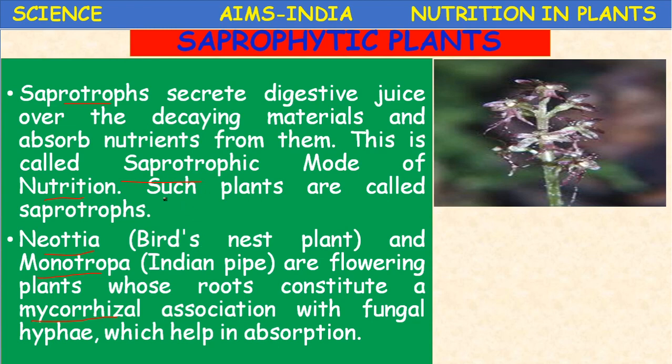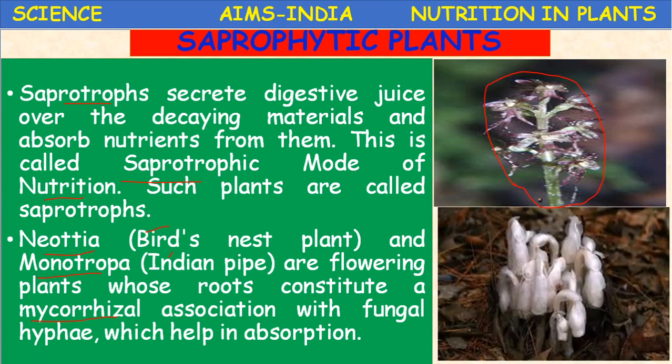Saprophytic plants. This is Neottia. It is a bird's nest plant because the plant appears like a bird's nest. Its root is associated with the mycorrhiza in absorption of nutrients.